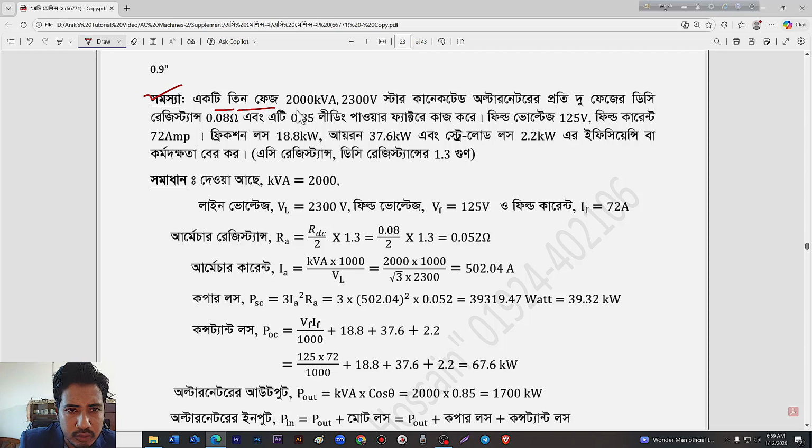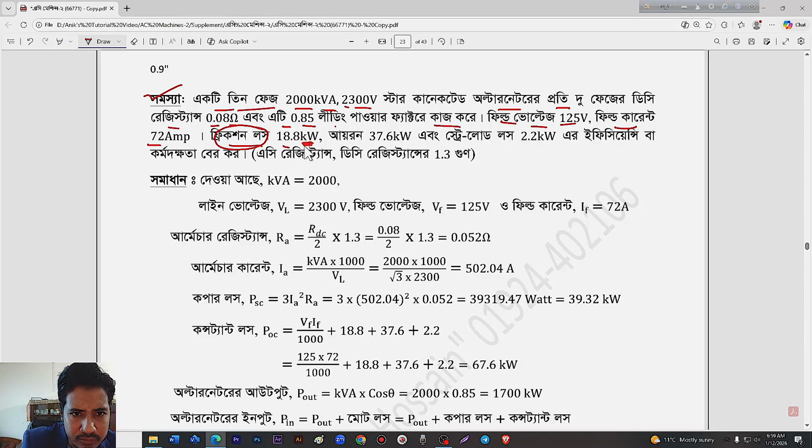Three phase 2000 kVA, 2300 volt star connected alternator, the DC resistance per phase is 0.08 ohms, and it operates at 0.85 leading power factor. Field voltage 125 volt, field current 72 amps, friction loss, which is of course included in constant loss, 18.8 kilowatt.